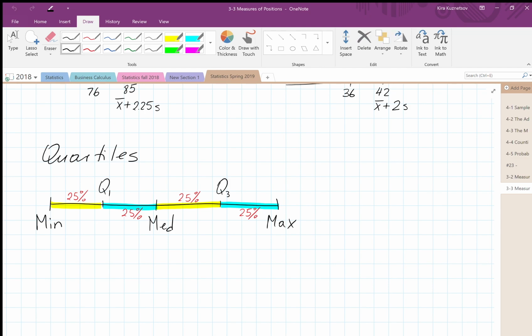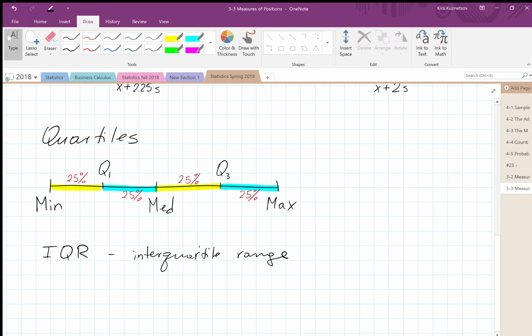Before we end with examples, I do have one more definition that I want to include in this video. It's called the interquartile range, IQR. The formula for IQR is Q3 minus Q1.